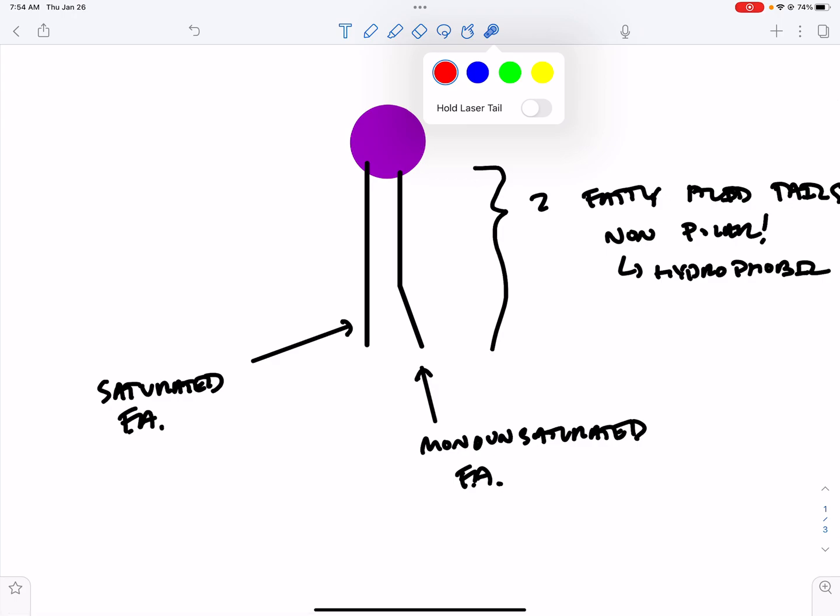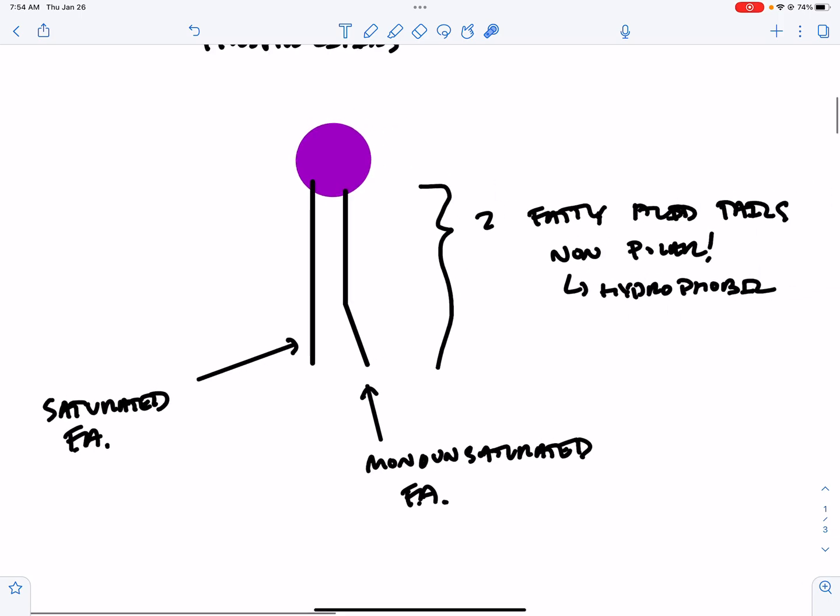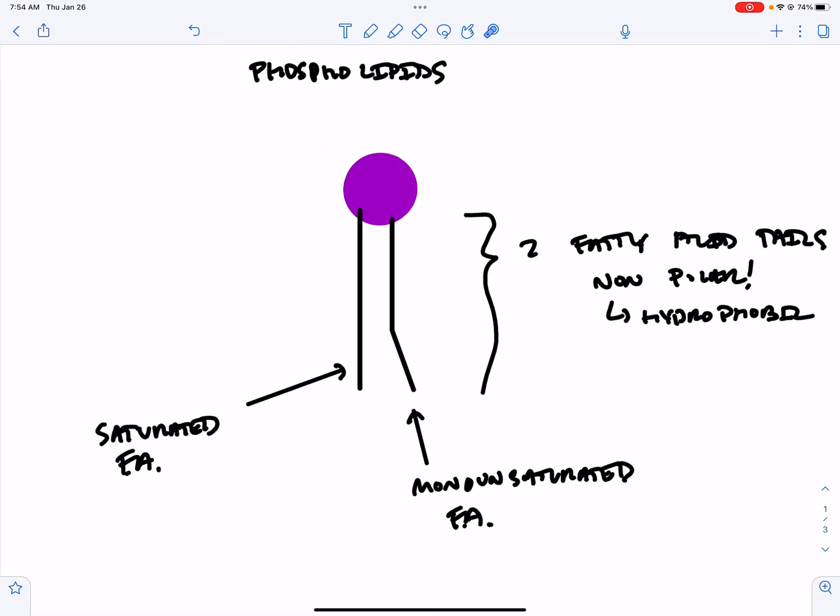And this helps with membrane fluidity, which we'll talk about later. Remember, we talked about how saturated fats are solid at room temperature, and unsaturated fats are liquid at room temperature. And this combination of saturated and unsaturated fats in the phospholipids helps give some fluidity to the cell membrane.